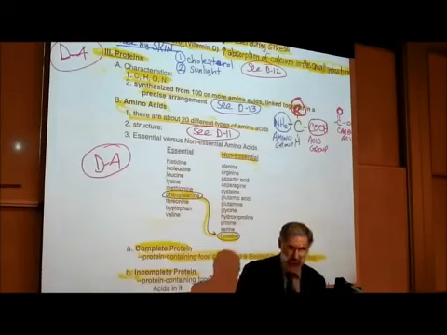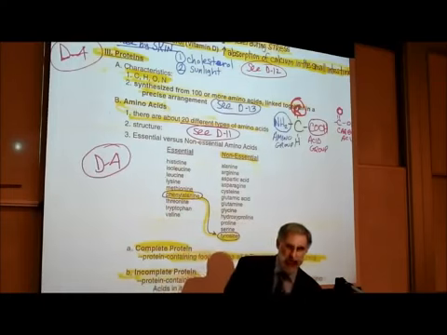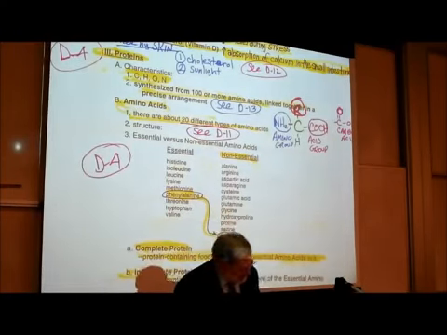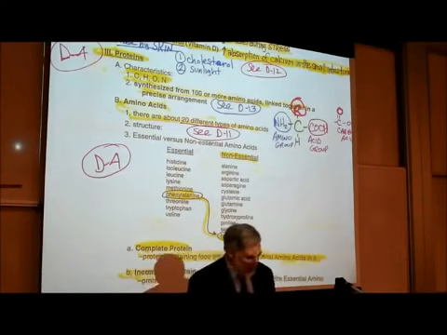Now, last time we examined the structure of an amino acid, and we spoke about those. There are about 20 different types of amino acids.